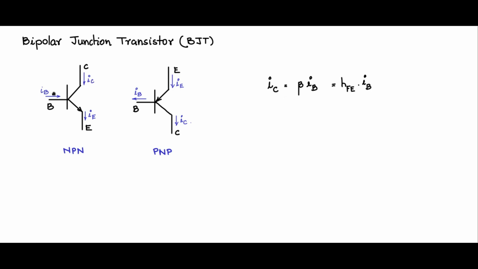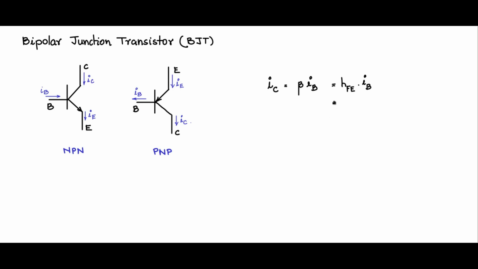So if I inject a base current of 1 milliamp, and if beta is 100, 100 milliamps will flow in the collector. IC will be 100 milliamps, and IE will be 1 milliamp plus 100 milliamp, which is 101 milliamp.